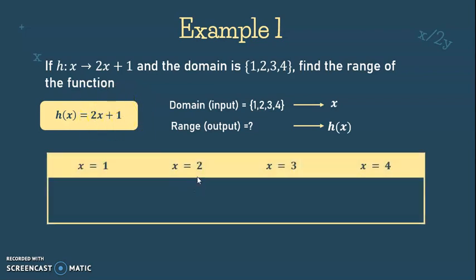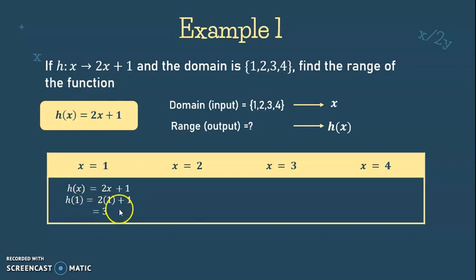So first, in this case, I'm using a table. So you have to find the output value for each of this input value. So let's say I write down x is equal to 1. So my output value will be 2 bracket 1 plus 1 is equal to 3.